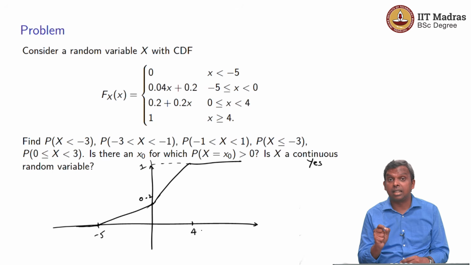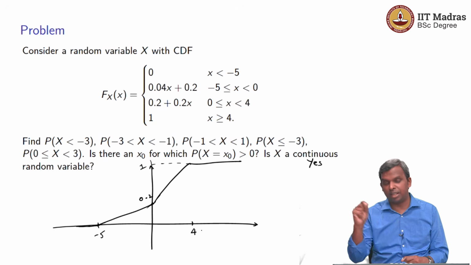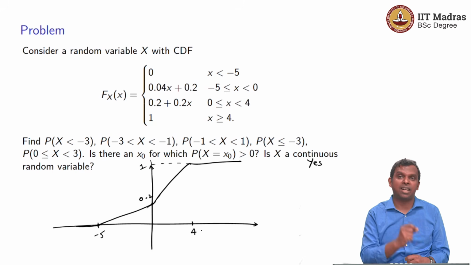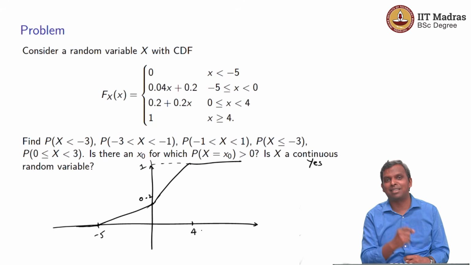In particular, there is one special type of CDF. When the CDF is continuous everywhere, that random variable is called a continuous random variable, and this continuous random variable has this odd property that the probability that the random variable equals a particular value is always 0. The reason is, when you specify it with infinite precision like that, it's not possible for you to associate a non-zero probability there.